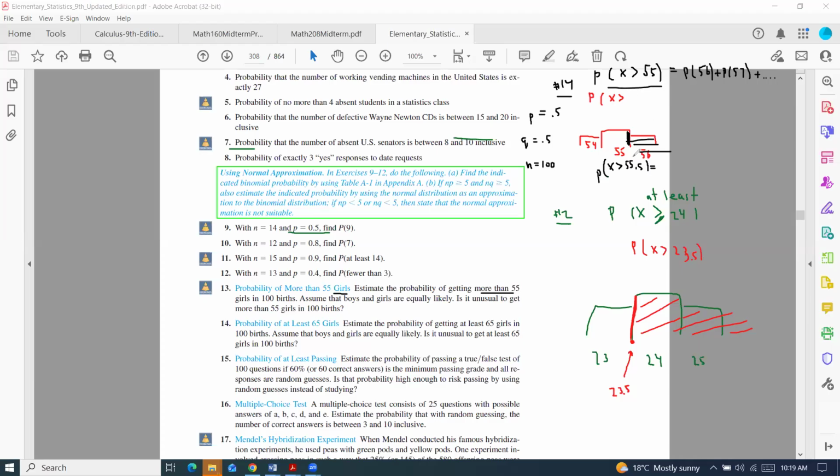So I don't go this route. I need to use 55.5. So now I utilize the normal distribution, and instead of X, I put 55.5. So I'm able to use the method of this chapter 5. In other words, I'm going to get a z-score.